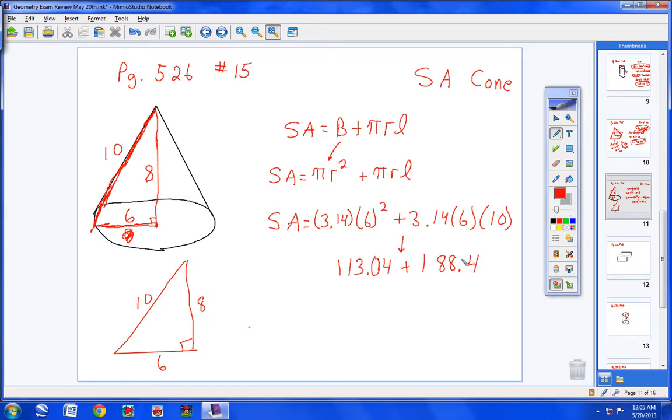Now let's add those two numbers together. And I'm getting 301.44. Now it is surface area, so we do want squared for our measurement, and it's going to be centimeters squared. All right.